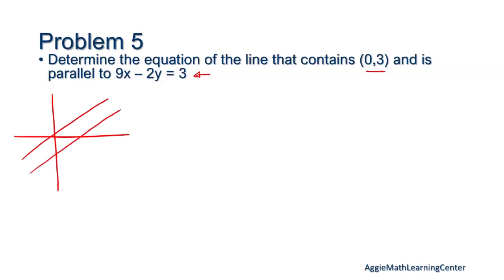I'm going to solve for y here. I'm going to subtract 9x on both sides, and then I'm going to divide by -2.